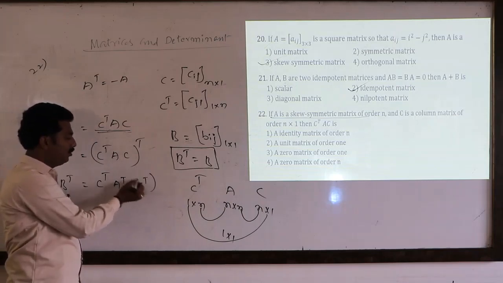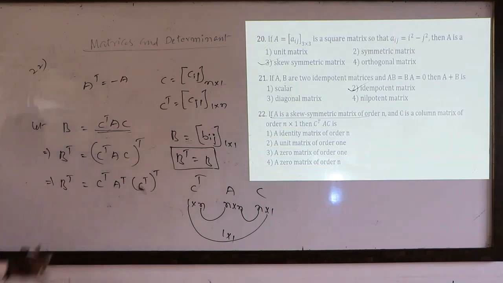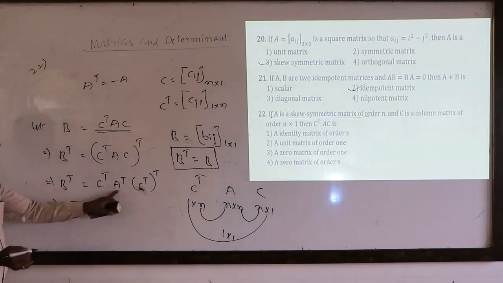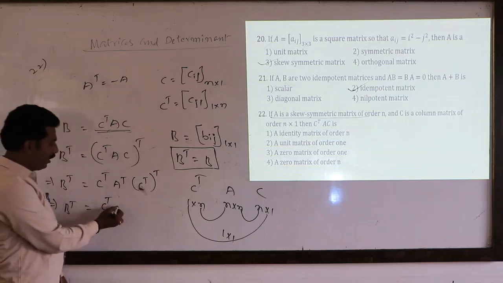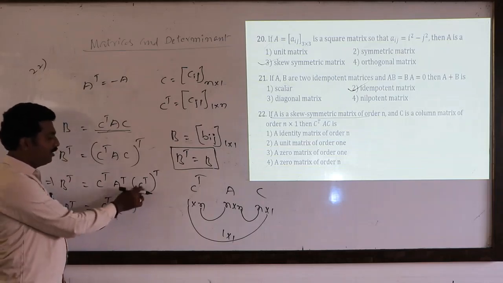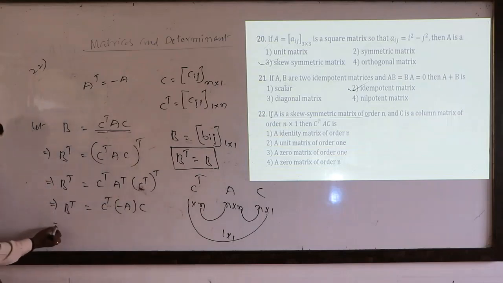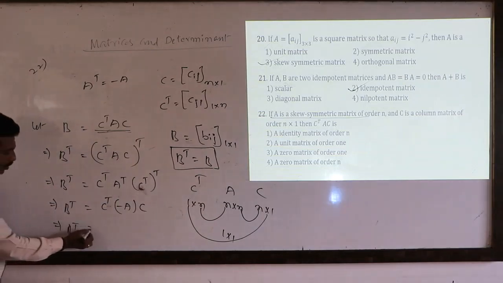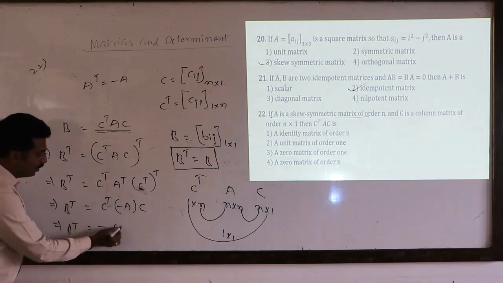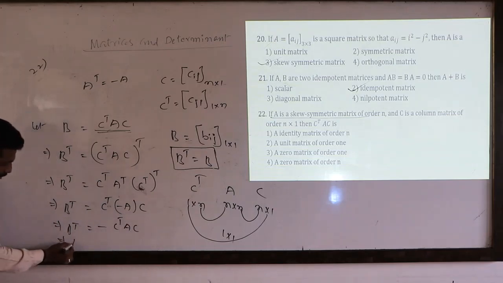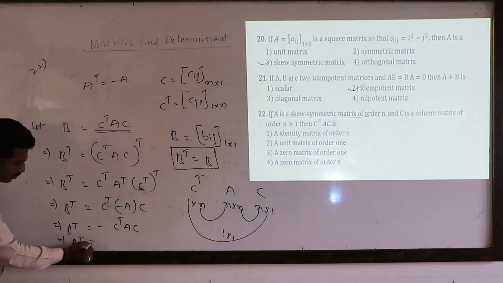So B transpose equal to C transpose, A transpose means minus A, and C transpose whole transpose means C. So clearly B transpose equal to minus C transpose AC. So again we can take B transpose equal to minus B.